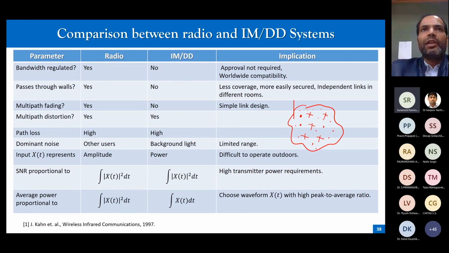Within one receiver you can have a lot of constructive and destructive interferences, and on average everything evens out. So there's no multipath fading in IMDD links, but you can have multipath distortion. Multipath fading is different from multipath distortion. Multipath distortion happens because of the delay spread. If you have a pulse like this, and the same pulse gets reflected and reaches with a certain delay, then overall the pulse signal will look like this. So there may be pulse broadening. So multipath distortion happens. The path loss in both these systems is high.